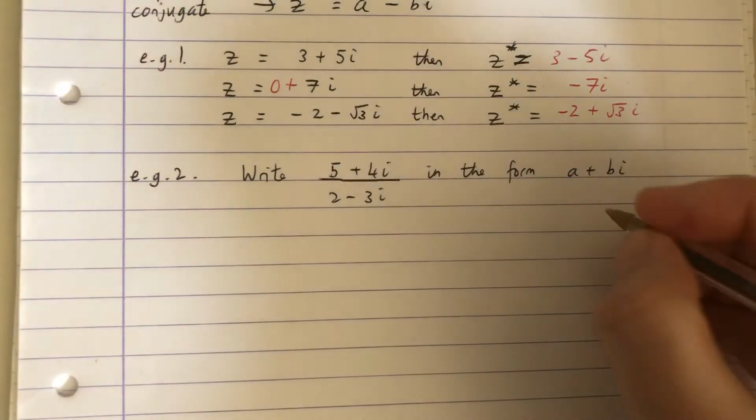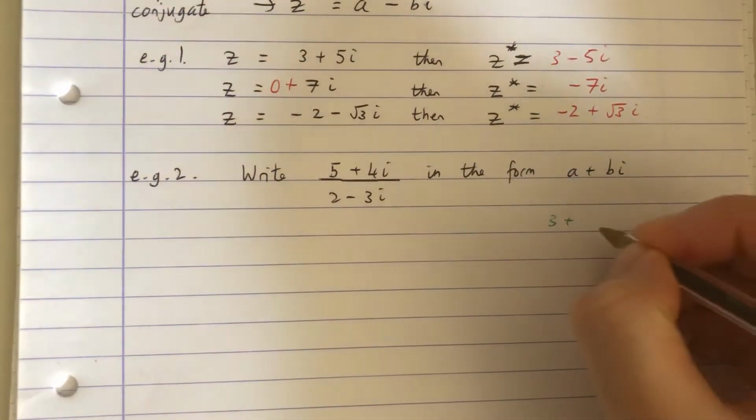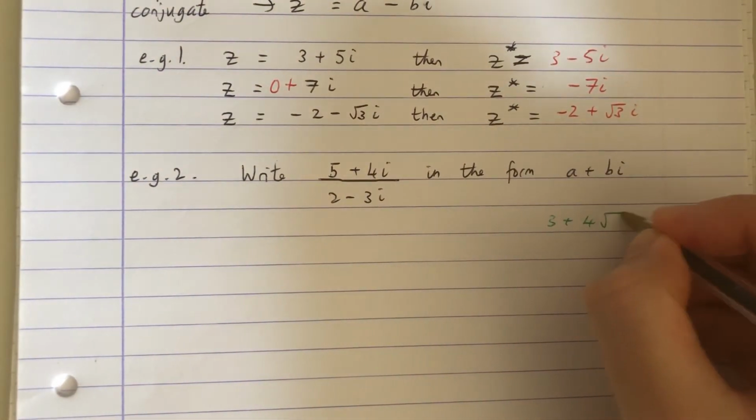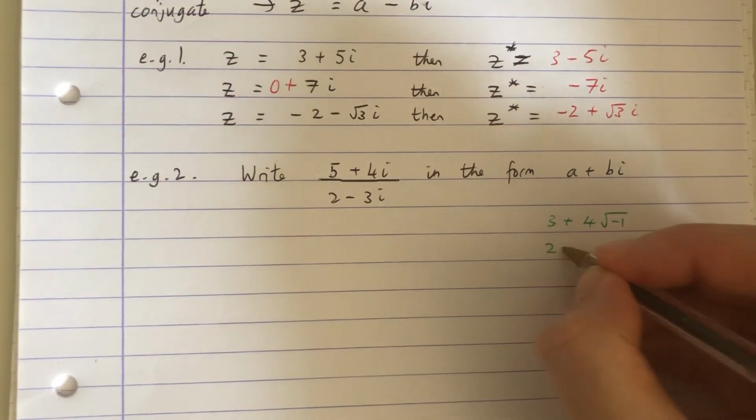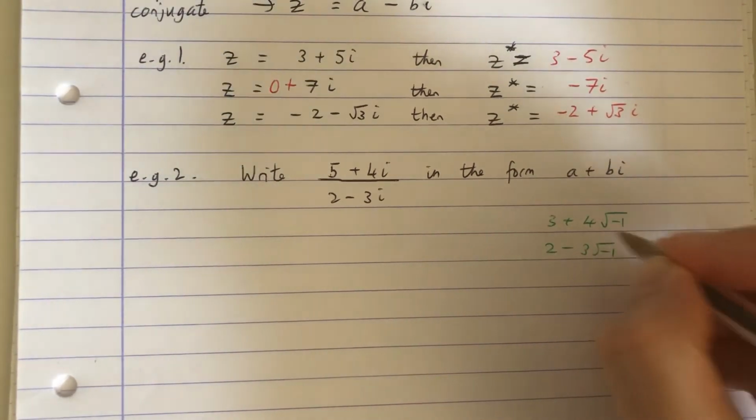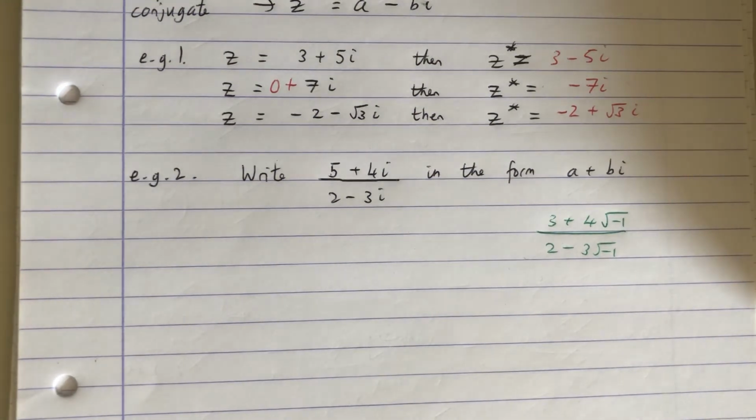Let me just illustrate that a little bit more. Now, I've replaced the i's with root minus ones, the surd part. Obviously, up until this chapter, you would have done that because you didn't think root minus 1 was a thing.